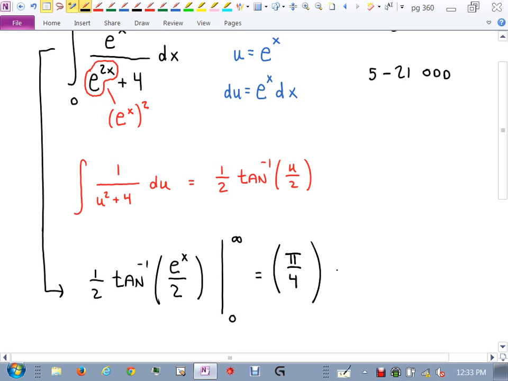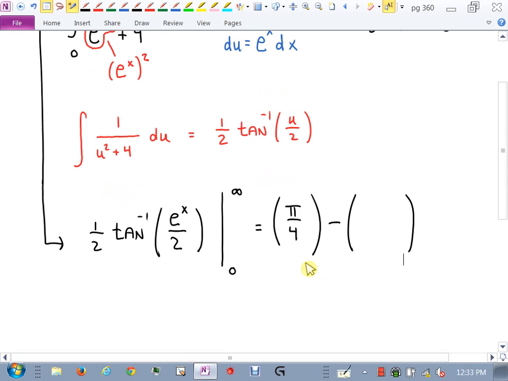Okay, then I subtract from that what I get when I plug in 0. Now be careful here because e to the 0 is not 0, right? e to the 0 is 1. Arctan of 1/2. Arctan of 1/2, in degrees.